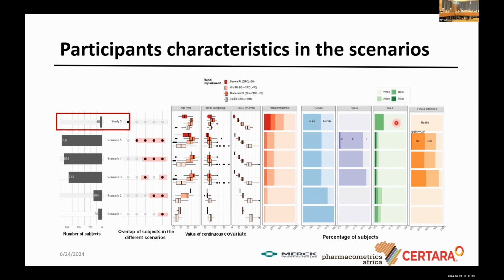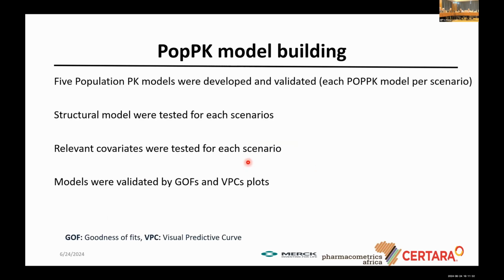In ethnicity, there were more people of white ethnicity as compared to other races. The phase 3 data also had participants that have complicated urinary tract infection or complicated intra-abdominal infection.